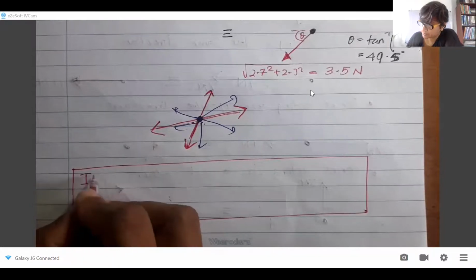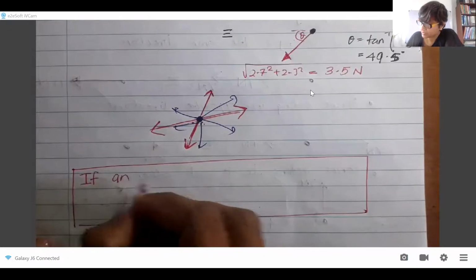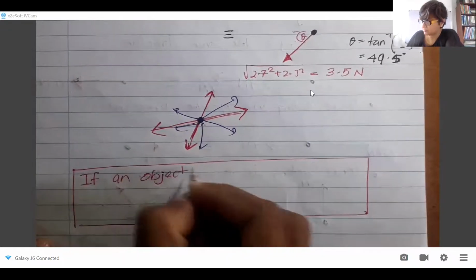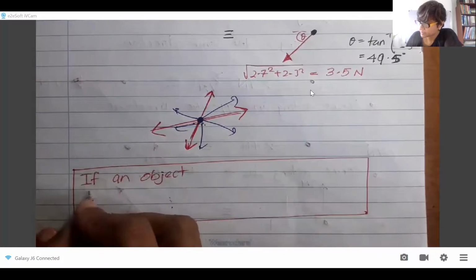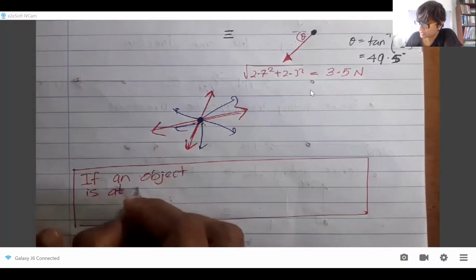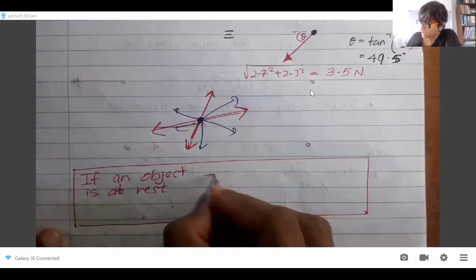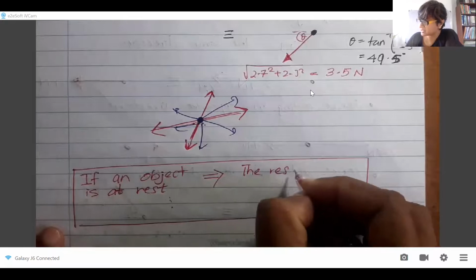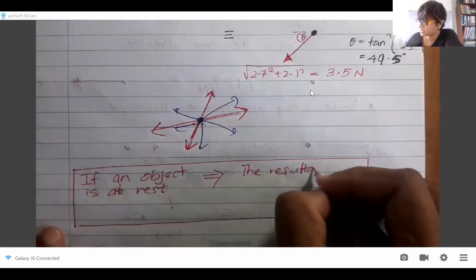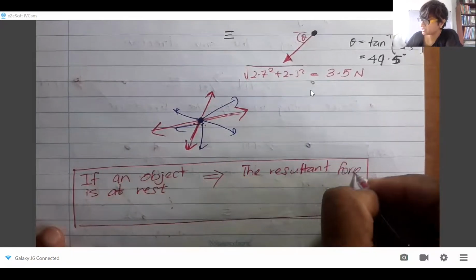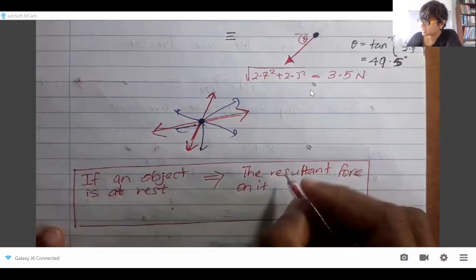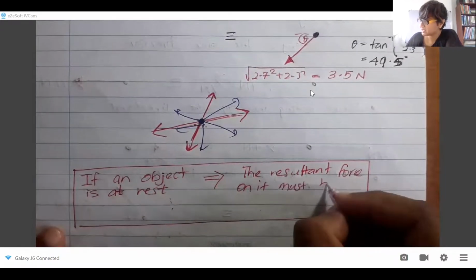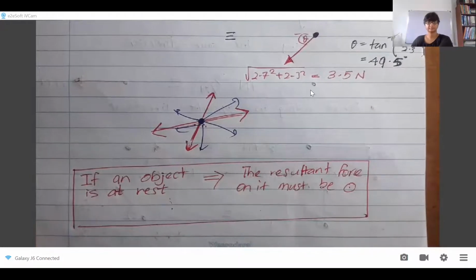If an object is at rest, what does it imply? The resultant force on it must be 0. If an object is at rest, the resultant force on it must be 0.